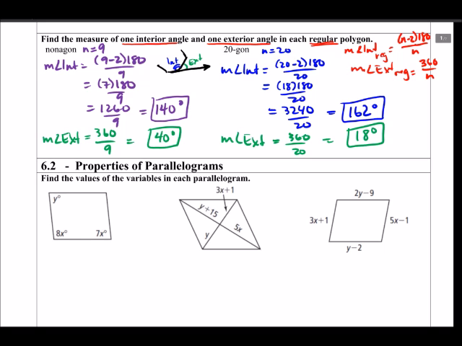And if it's a regular polygon, we can find one of those exterior angles by dividing by the number of sides. And don't forget these formulas because they work backwards as well. You can be given an angle and use it to find the number of sides. I would be able to do that if I were you.